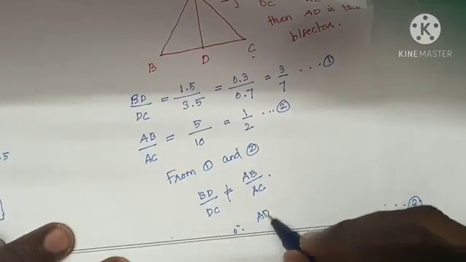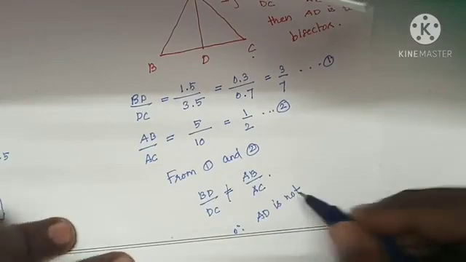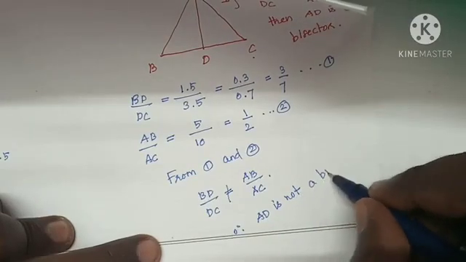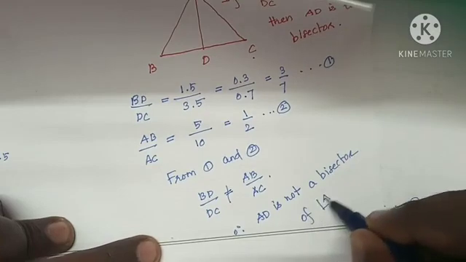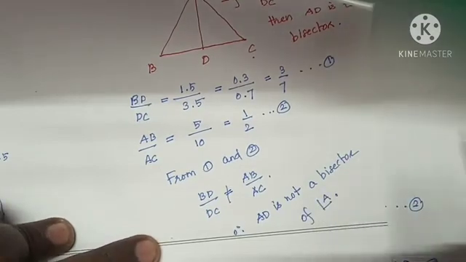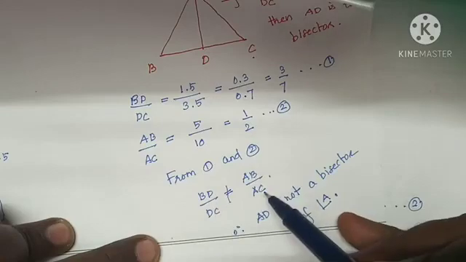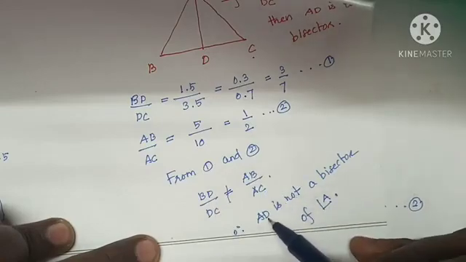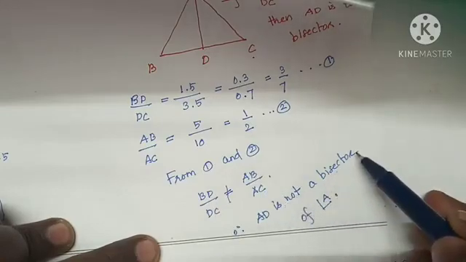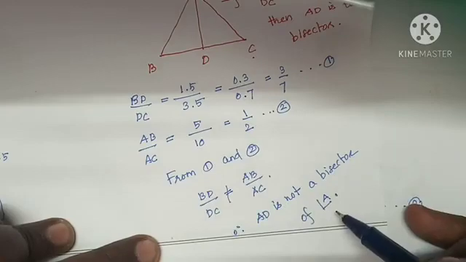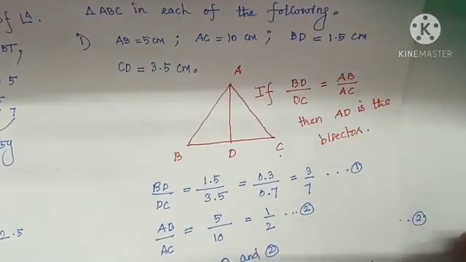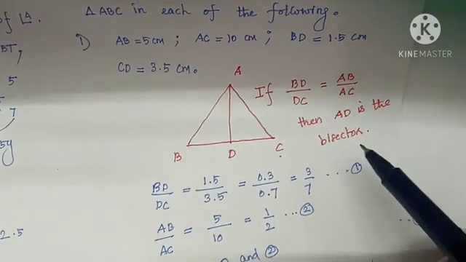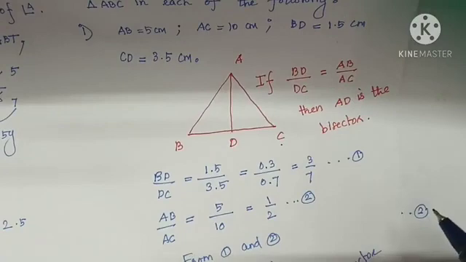Therefore, AD is not a bisector of angle A. If BD by DC equals AB by AC, then we can write AD is an angle bisector of A. Okay, so the second subdivision is homework. The second subdivision satisfies this condition. You have to do that.